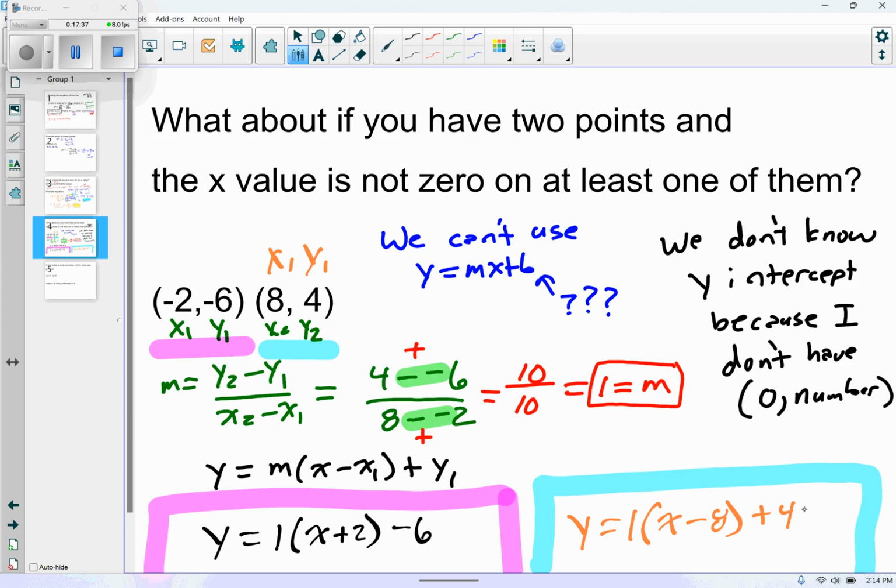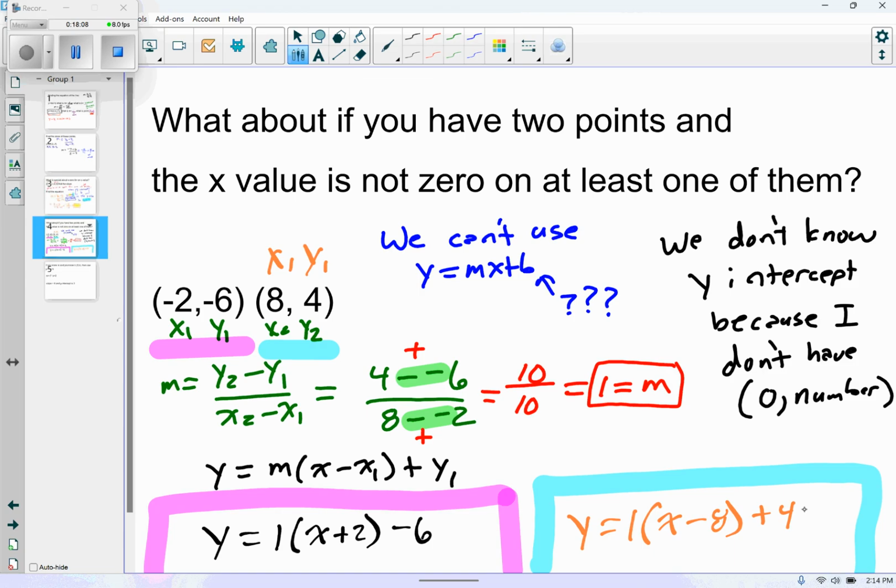Okay? Like if I went and I distributed the 1 over the parentheses and combined like terms, I'm going to get the exact same answer on both of these. Right now, they look like two very different problems. If I graph these, they're going to be the exact same line. It's going to be a line on top of itself. So if you label this x2, y2, x1, y1, and the rest of the class did x1, y1, x2, y2, there's two different answers that could totally work.